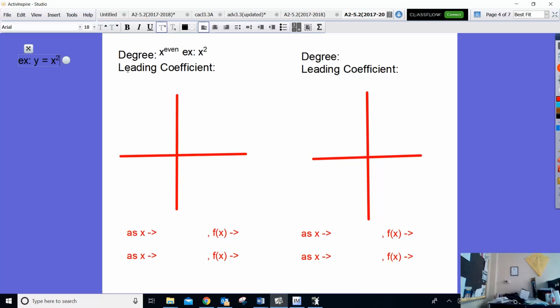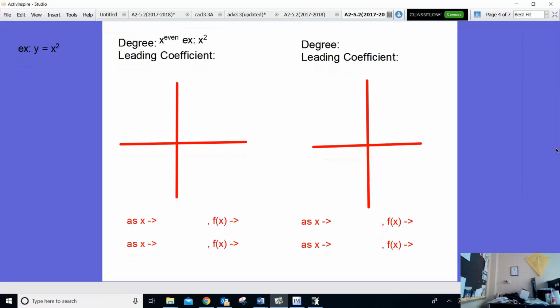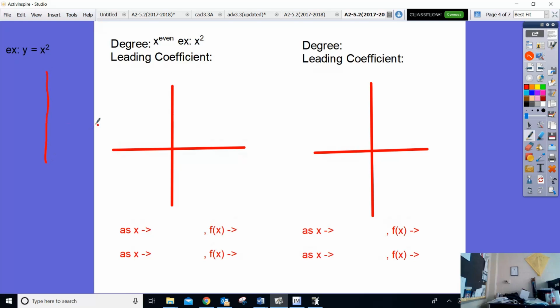Where does it cross the x and y axis? The origin. That's what it looks like. How's it start its day? High. How's it end its day? High.